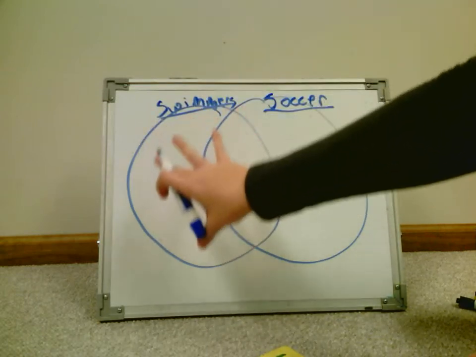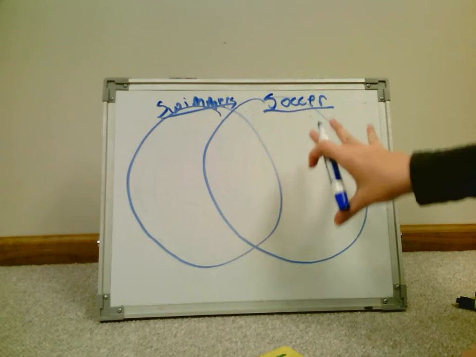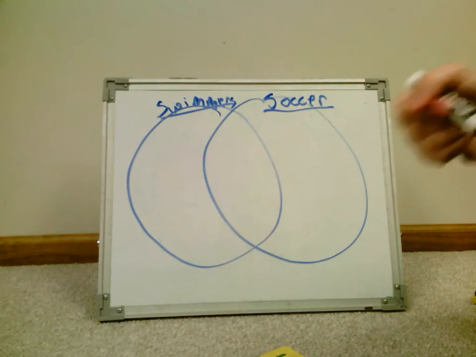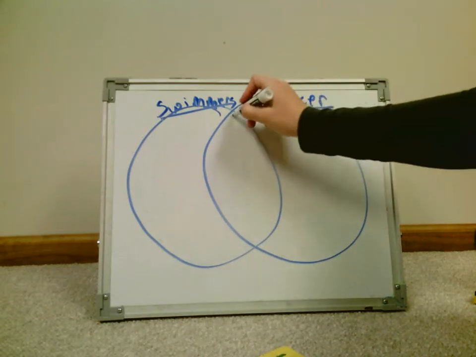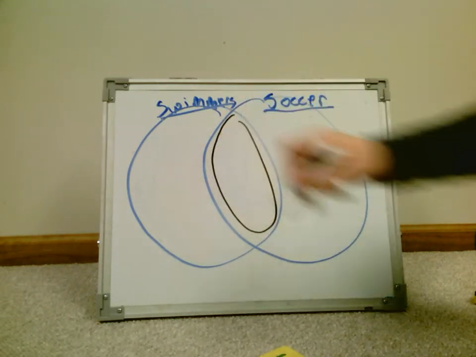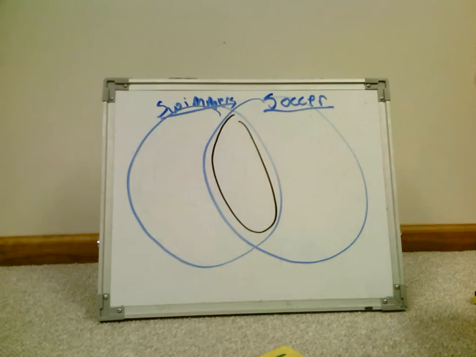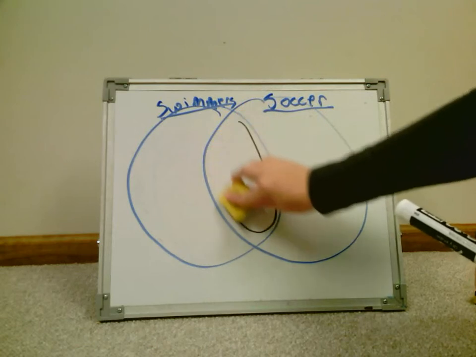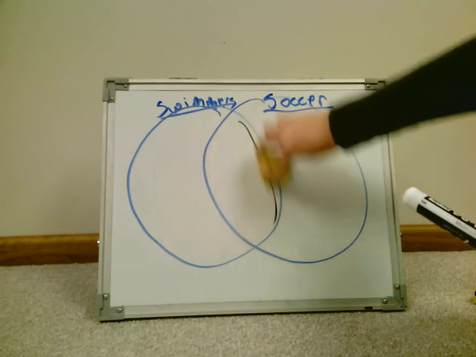So in one circle I have my swimmers, and in the other I have my soccer players. But you notice that in these circles there is an overlap, a part where both circles cover the same area. That overlap represents the people that are both swimmers and soccer players.